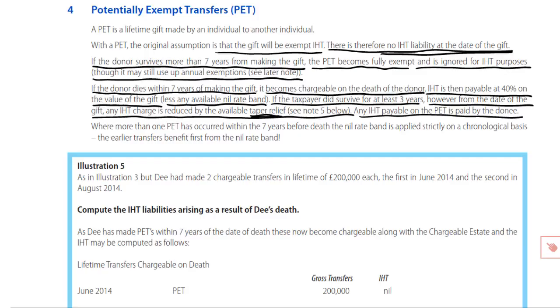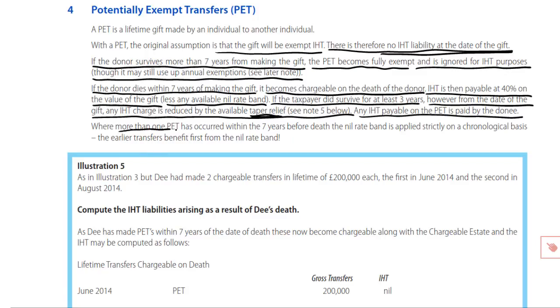And if that PET takes us above our cumulative available nil rate band, we'll presume the single figure of 325,000 for the moment, if we go above 325, tax is payable at 40%, rather than just at a nil rate. It's a 40% charge that would become payable. But if you survive for more than 3 years, then any such tax charge will be eligible for a deduction known as taper relief.